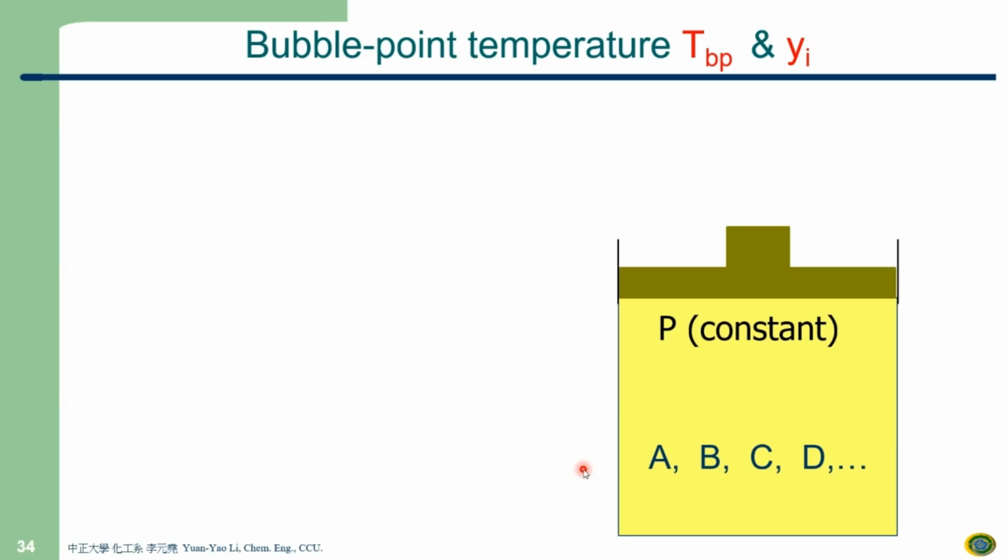So for the bubble point temperature, you assume you have all liquid, right? And if we talk about bubble point temperature, that means we keep the pressure as a constant. And then you have components A, B, C, D, something like this.